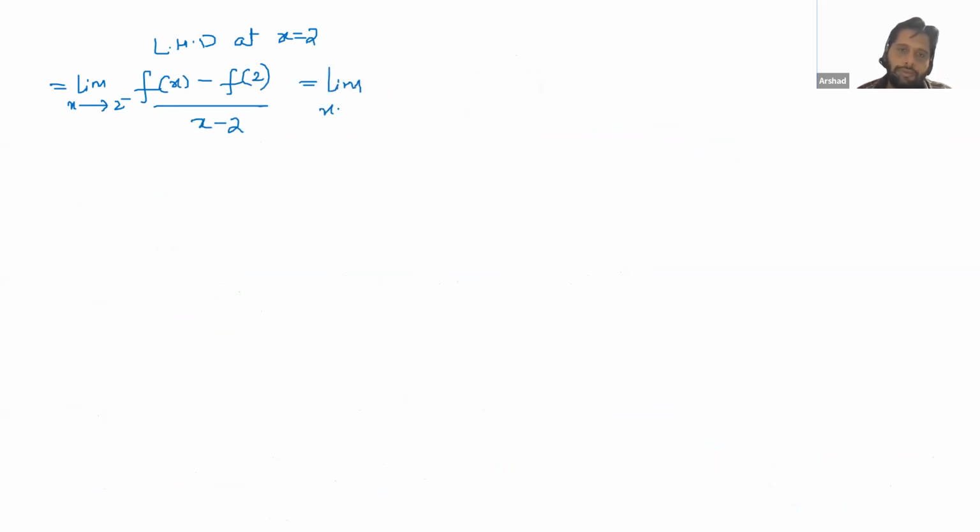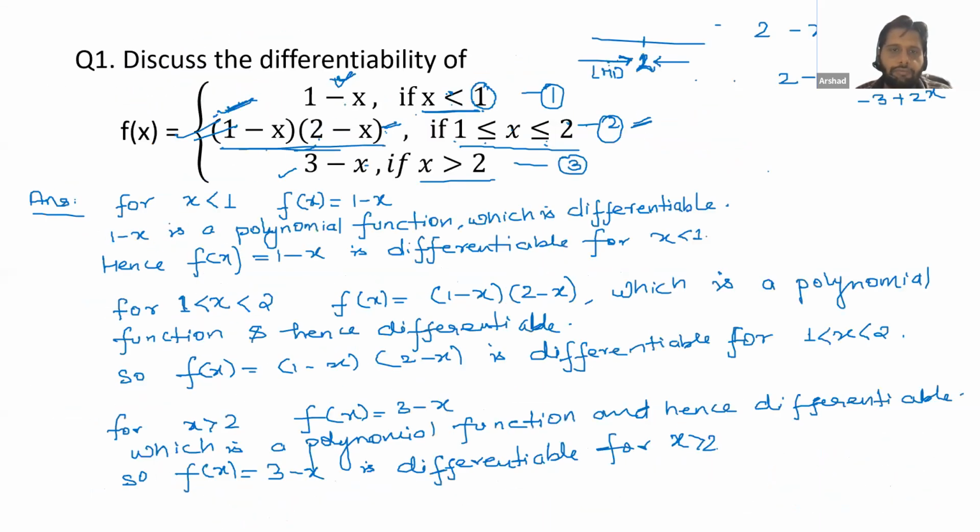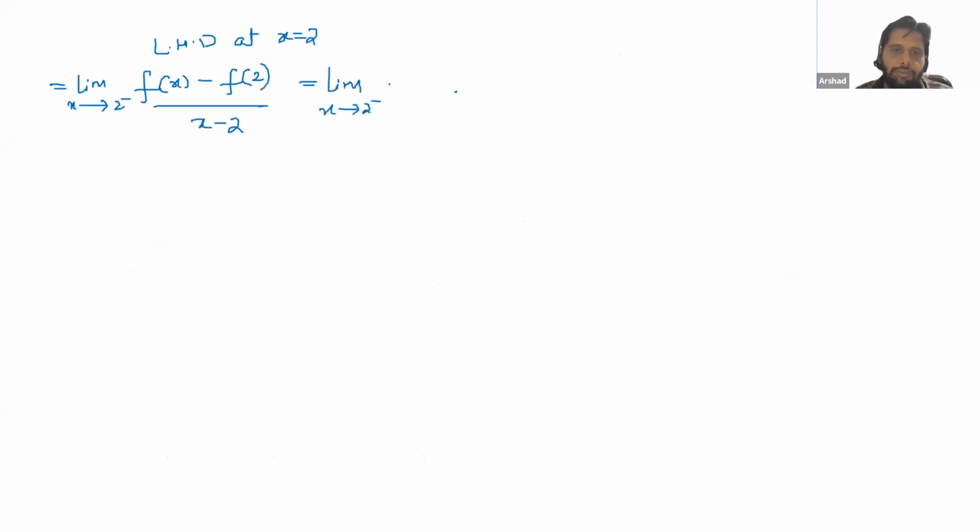LHD at x is equal to 2. So this is limit x tends to 2 minus, f(x) minus f(2) by x minus 2. For f(x), we will use (1 minus x)(2 minus x).